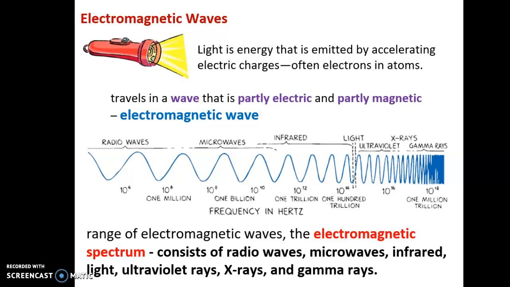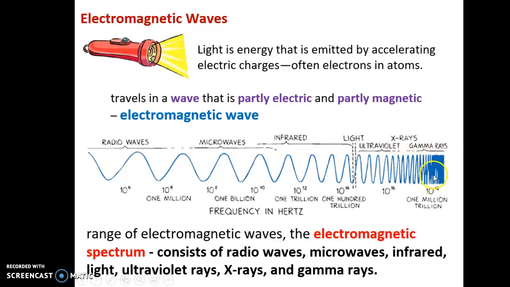Look at it again. Notice you have a range of electromagnetic waves represented here on the spectrum. You have the radio waves at one end, and notice how spread out the wavelengths are. Then you have microwaves, then infrared, then ultraviolet, X-rays, gamma rays. Notice the frequency is huge up here.